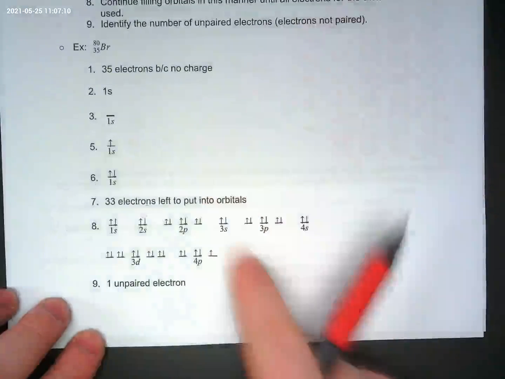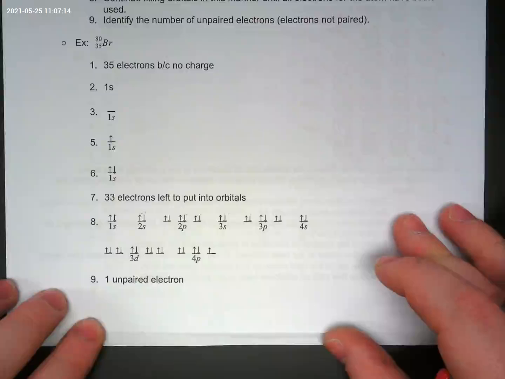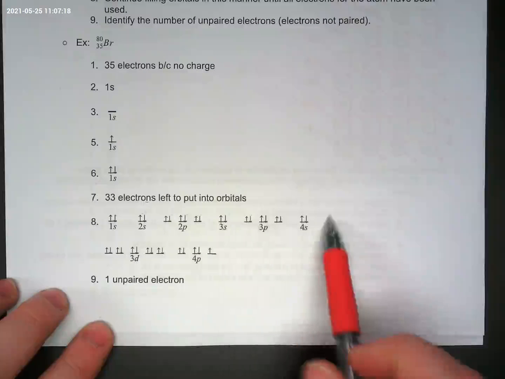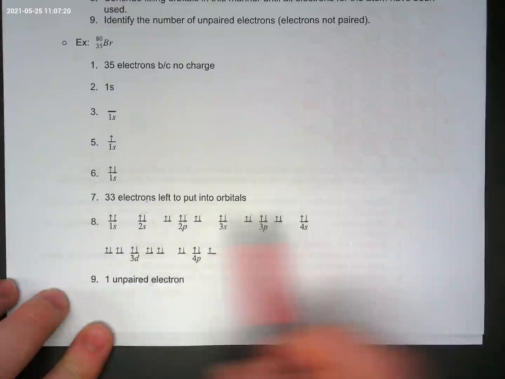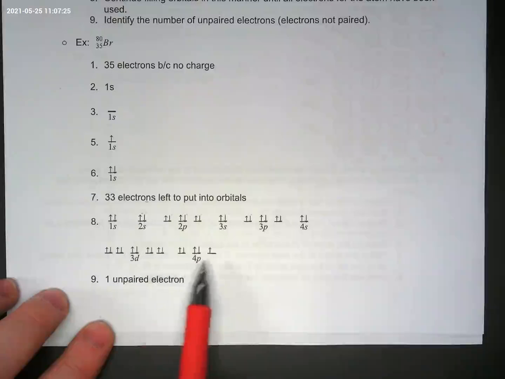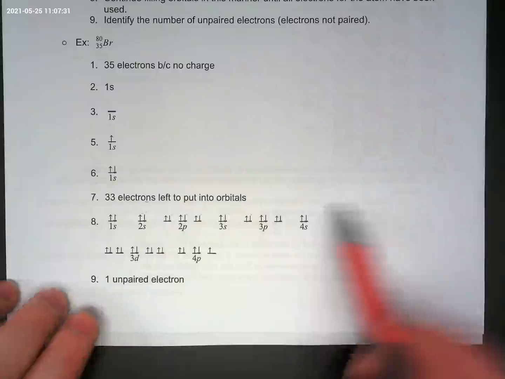Excuse me. So here is what the orbital configuration looks like for boron. This is right here. And we see here that it's going to have 1 unpaired electron, and that 1 unpaired electron is this one right here. But this is what we're putting together.